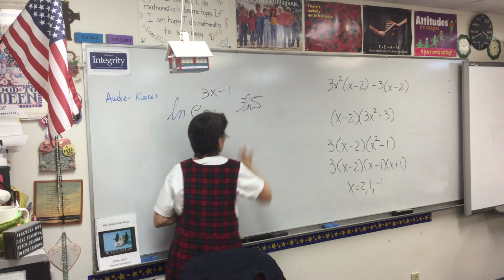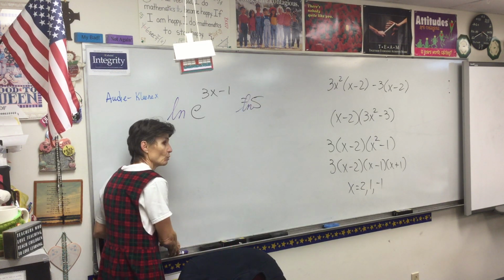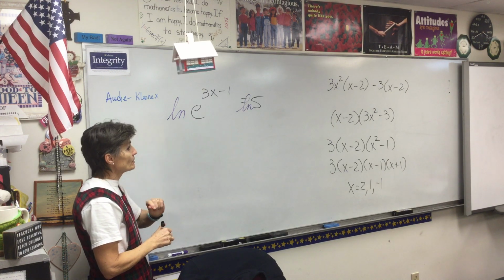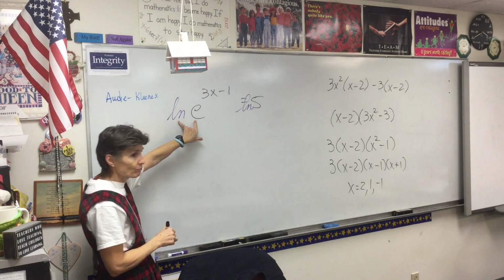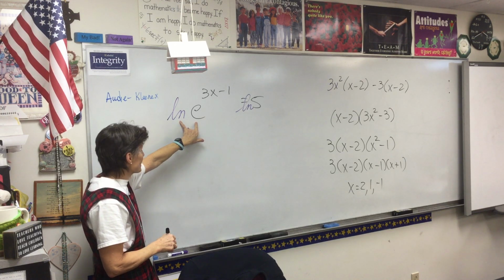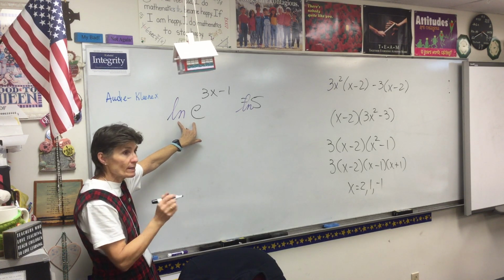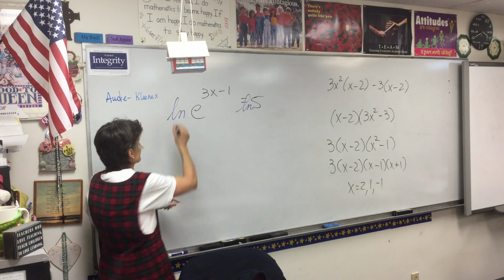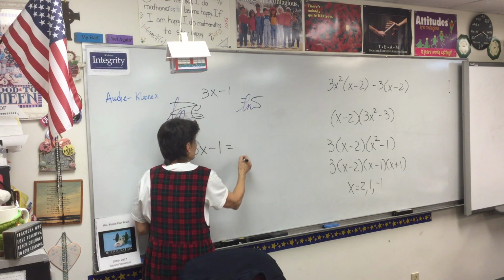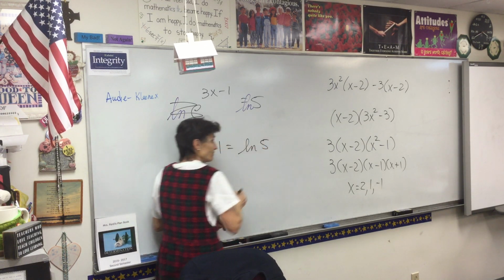So I am going to write ln on both sides of the equation. And then I'm going to notice, what do I have right here? I cancel, because I have an ln and an e parked right next to each other. So that's gone. So 3x minus 1 equals ln 5.